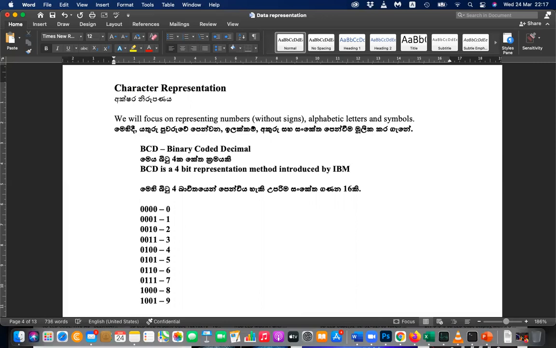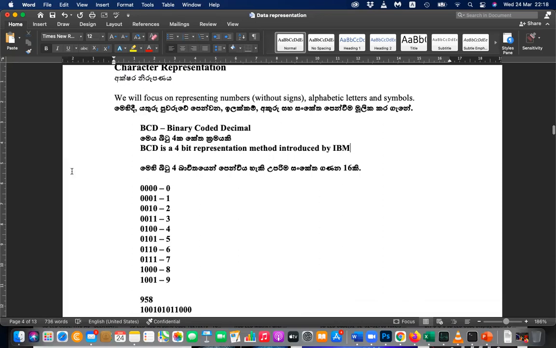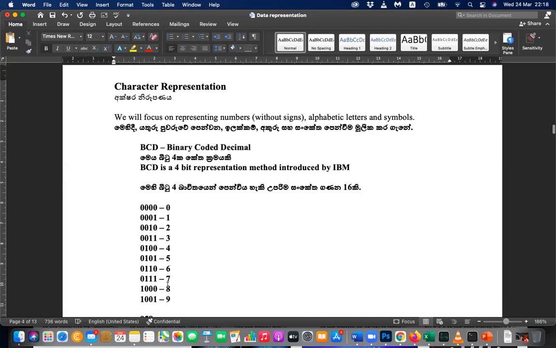They were using this 4-bit encoding called BCD in their server computers. In this system, you can see it's similar to hexadecimal numbers, but only up to 9, right? Using 4 bits, the digits 0 to 9 are represented.